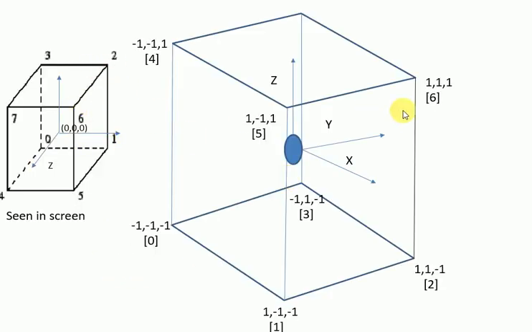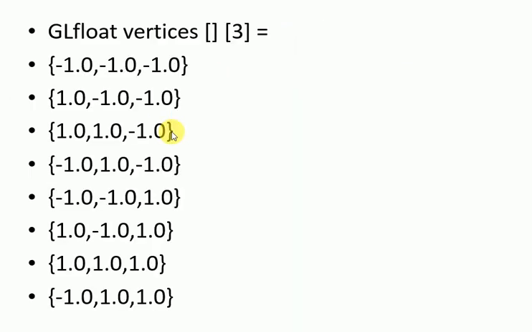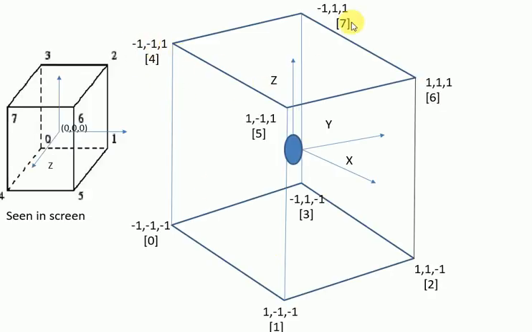So that means x is 1, y is 1 and z is 1. And the last one is -1, 1 and 1. So that is this part. -1 is because it is going negative x, and 1 is because it is going positive y, and then positive z.